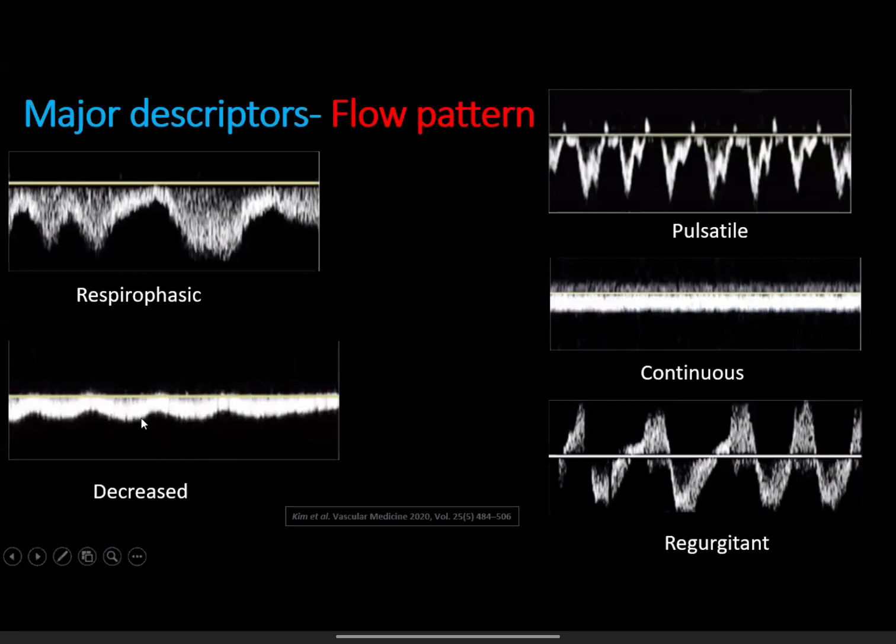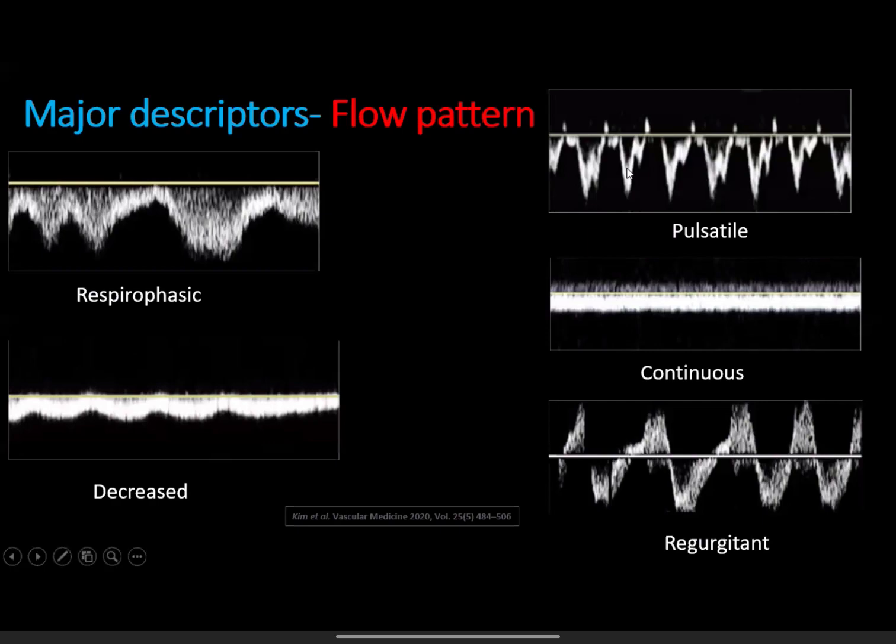It is decreased when there are subtle undulations, no major phasicity is seen. It is decreased in certain conditions. This is the type of spectrum. When flow becomes more pulsatile, it shows pulsations which are basically the transmission of pressure changes from the right side of the heart, that is the atrial pressure changes.